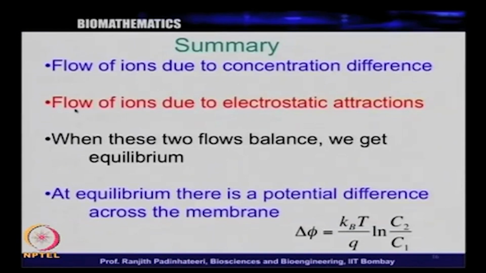That will lead to a counter flow of ions due to electrostatic attraction, because charge separation leads to electrostatic attractions, and there will be a flow in the opposite direction. When these two flows balance, we get equilibrium, and at equilibrium there is a potential difference across the membrane, given by delta phi equal to kBT by q into ln C2 by C1. This is the famous Nernst equation.